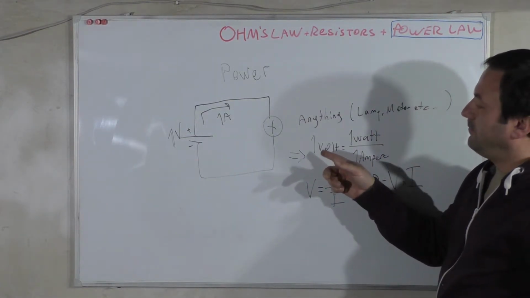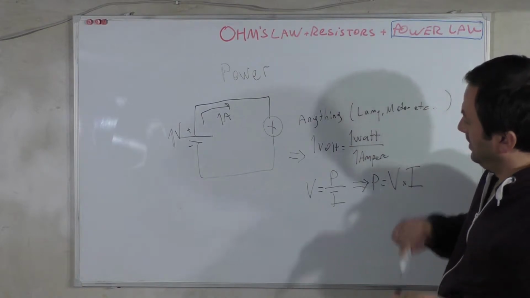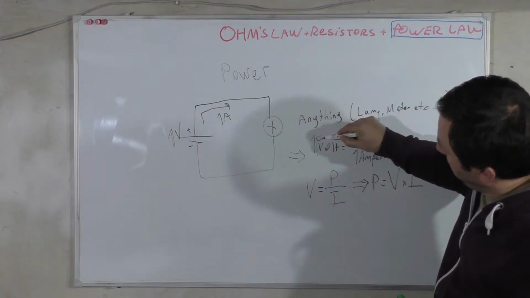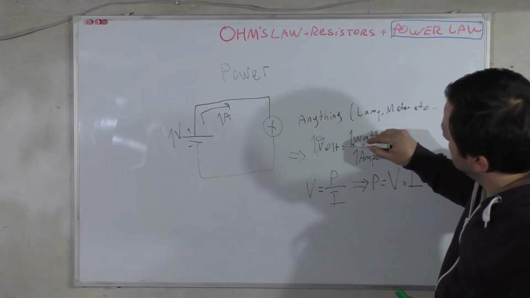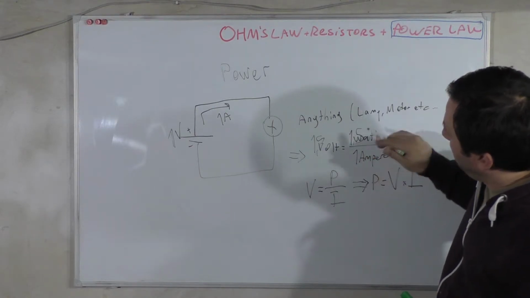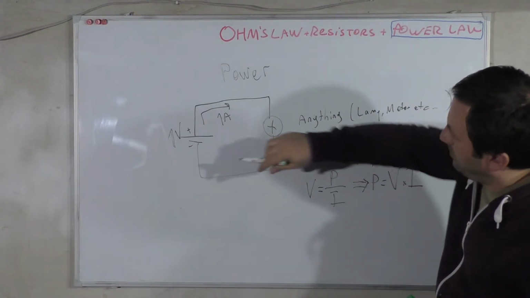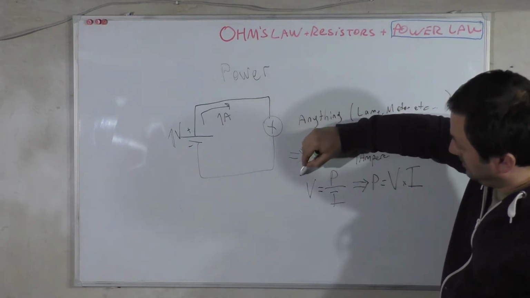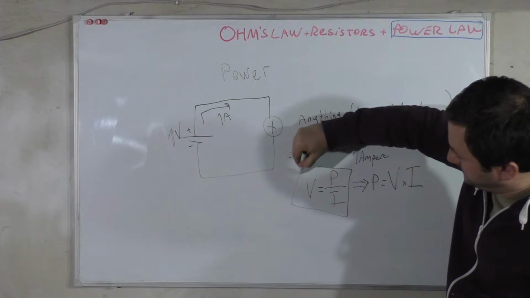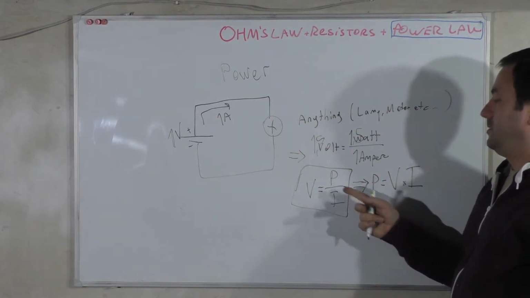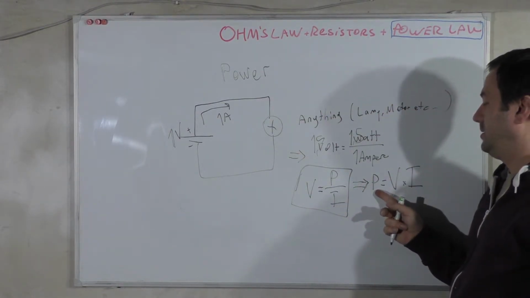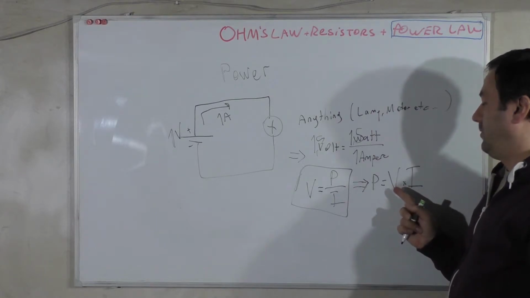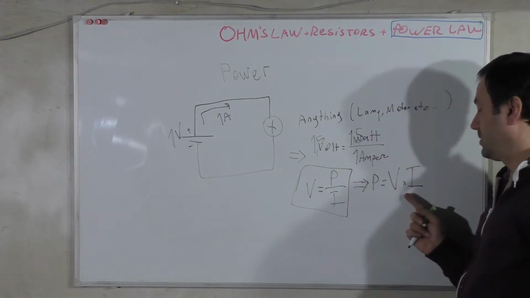So if we have 1.5 volt, it creates 1.5 watt to push 1 ampere. So we can describe voltage like that. So from here you can also write that power is voltage multiplied by current.